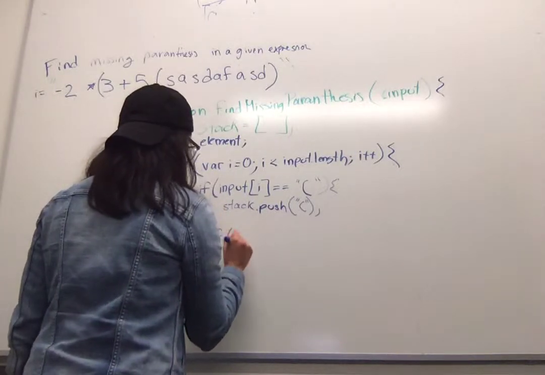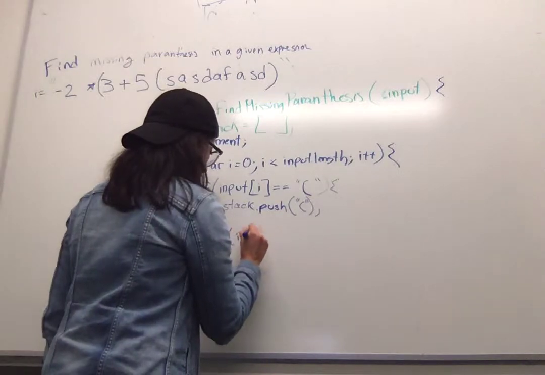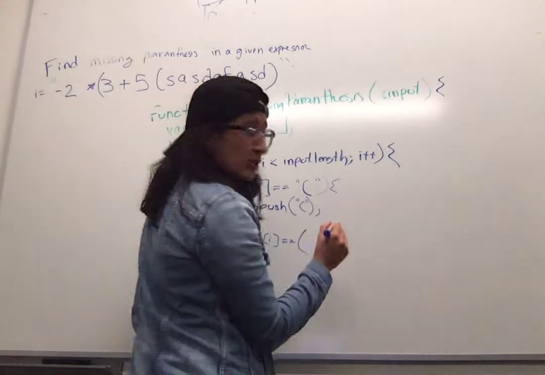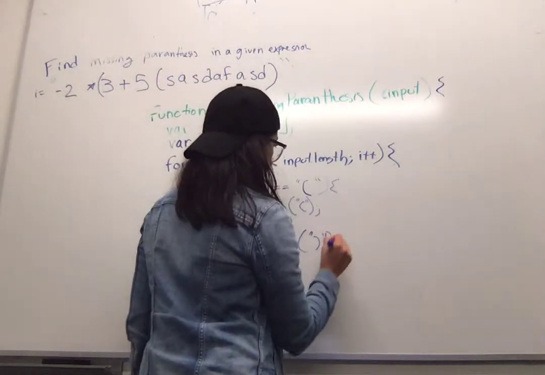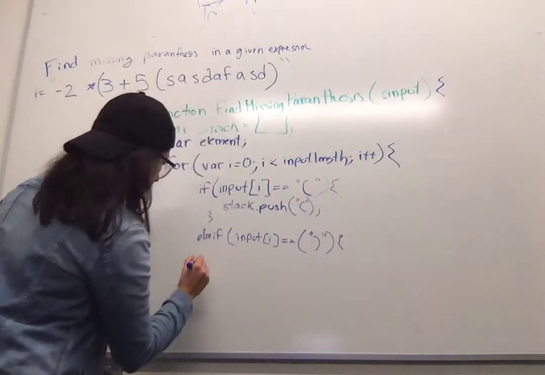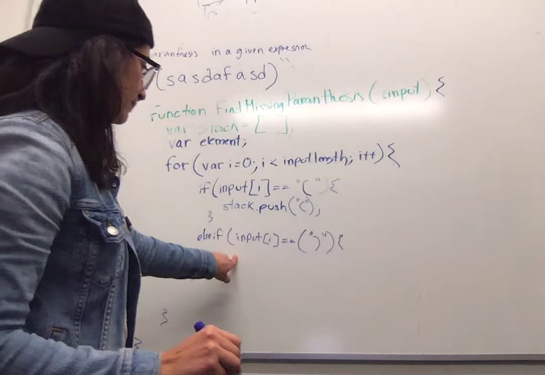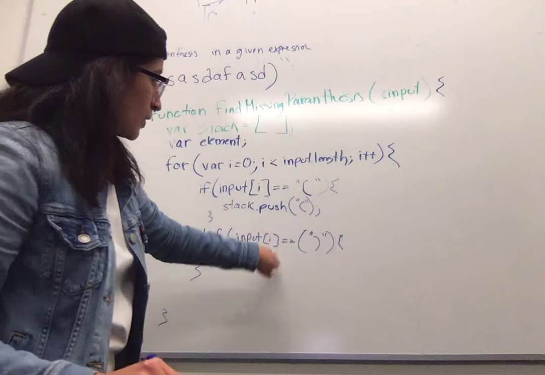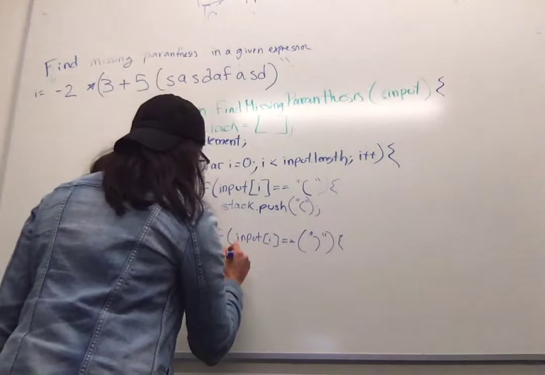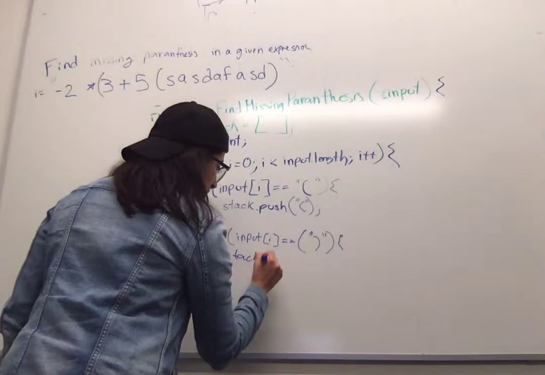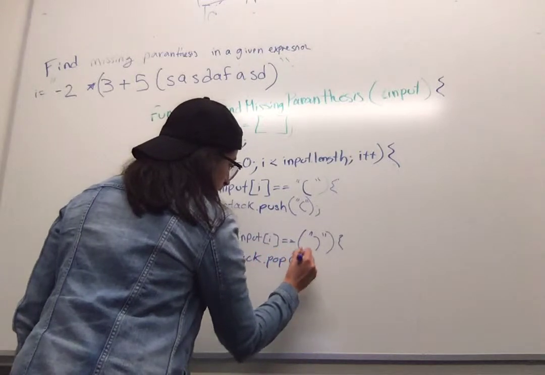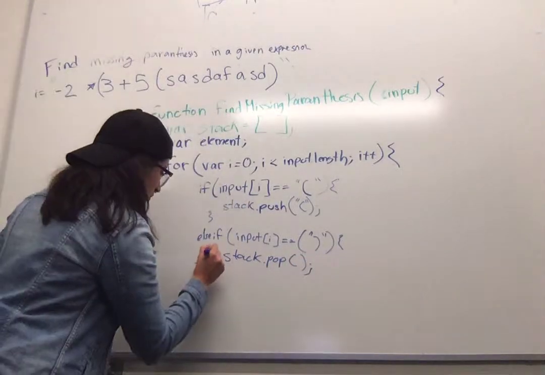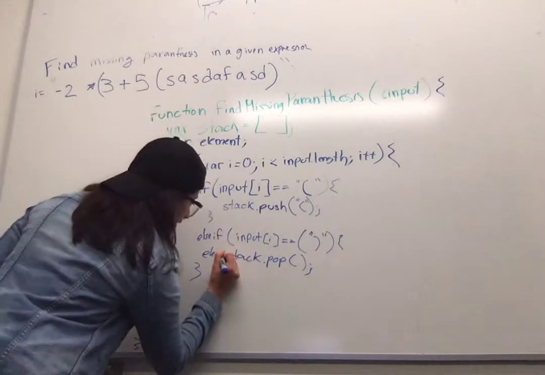Else if input at i equals a closing parenthesis, then we know that there should already be an opening one there, so we're going to pop the element. We're going to go into our stack and pop it, and save that variable in our element.